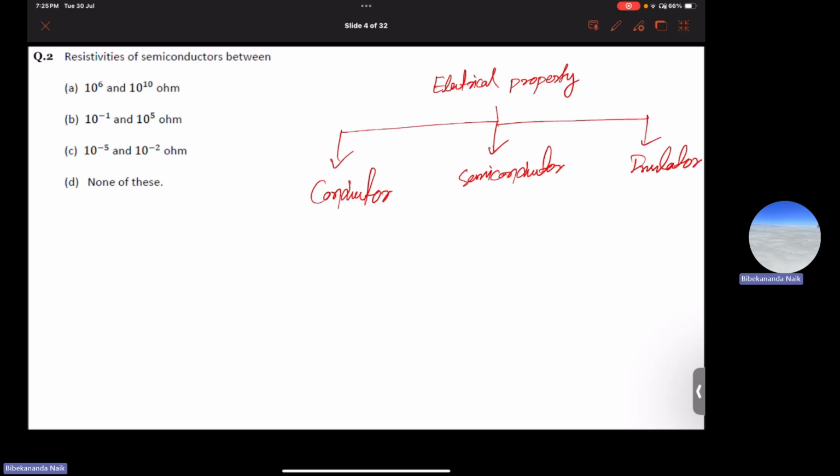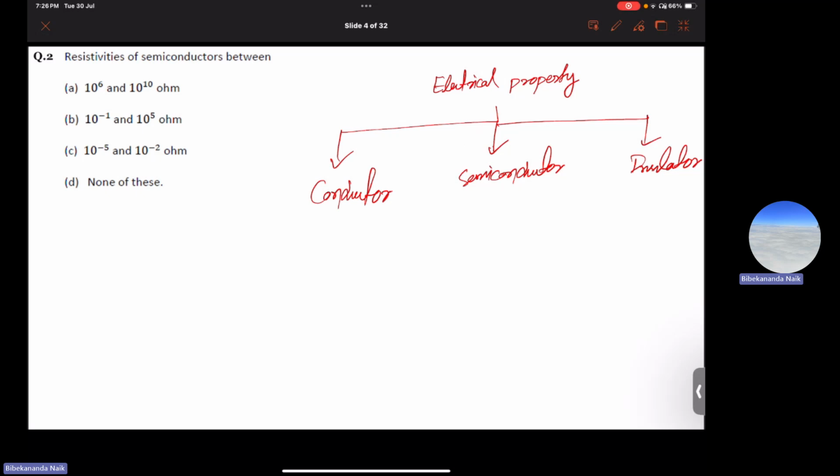As the name implies, it is obvious that conductors will have higher electrical conductivity and insulators will have higher resistivity. These conductivity and resistivity depend upon the movement of electrons inside that particular matter.